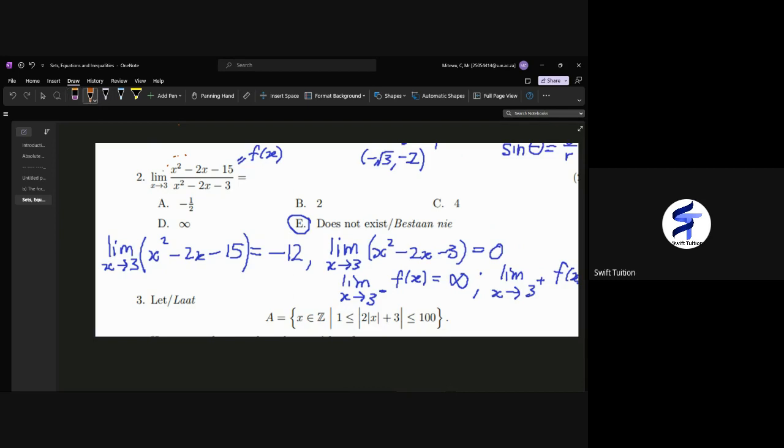until you can plug in the value safely. So the first step of L'Hopital will be the limit as x approaches 3, and that's going to be 2x minus 2 over 2x minus 2. Sorry, not minus 15. Obviously, 15 falls away when you find the derivative, right? And then if you can plug in 3 in this specific expression, then the limit over here would exist.